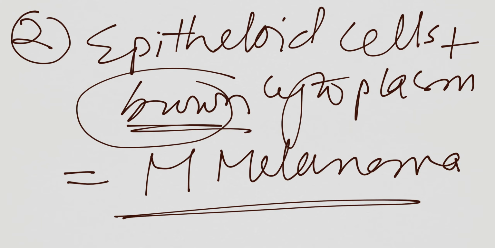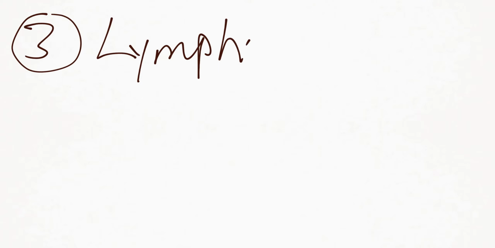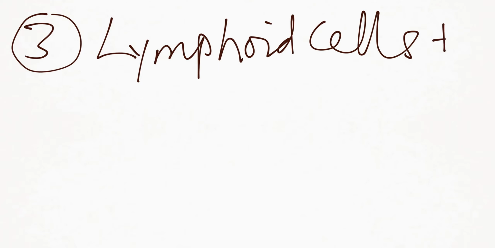Okay, well, the last one is, he's going to ask you, you are finding lymphoid cells and pleomorphism.